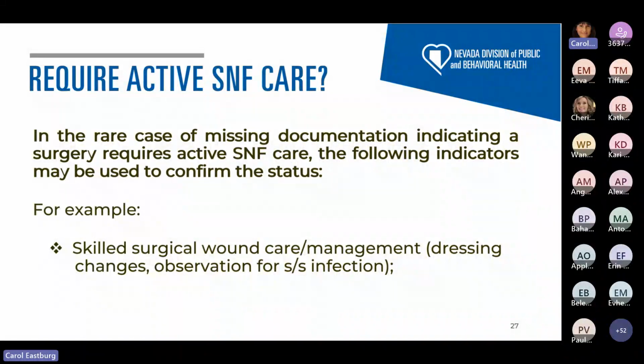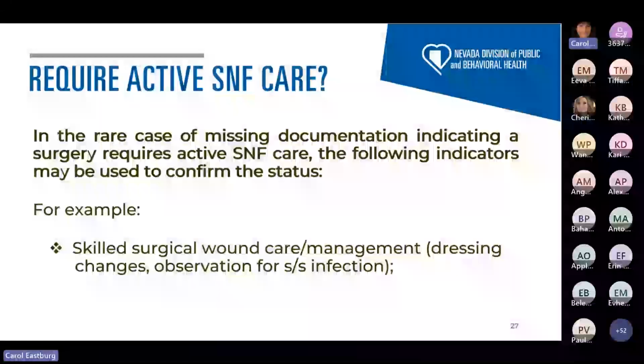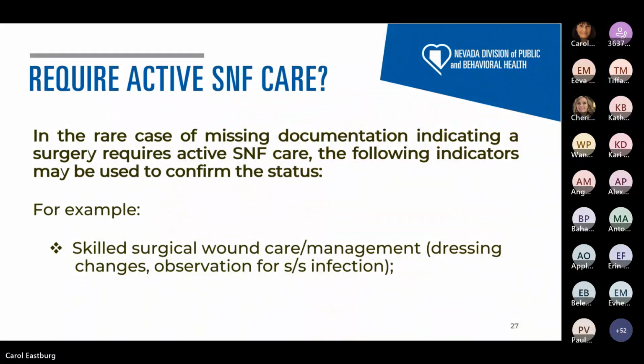So for example, skilled surgical wound care or management, which entails dressing changes, observation for signs and symptoms of infection, which would include the amount, the odor, the color, how the drainage looks, what the wound bed looks like.